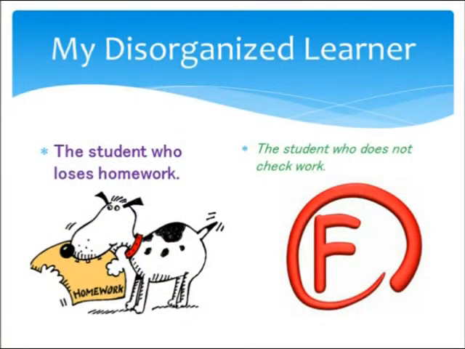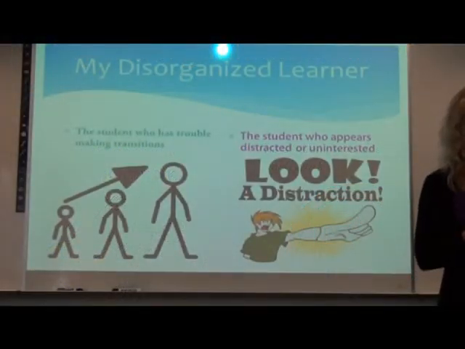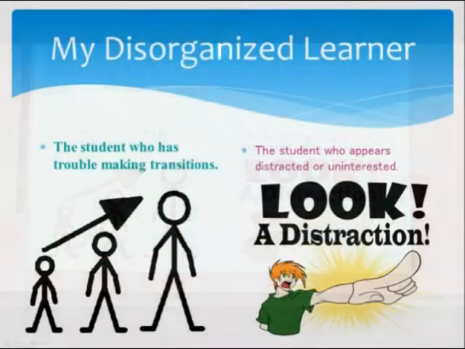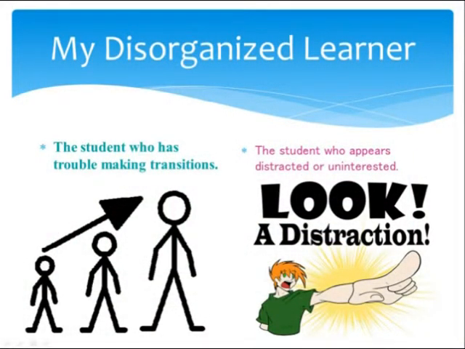My student is the one who loses their homework, the student who does not check their work before passing it in. My disorganized learner is the student who has trouble making transitions, or the student who appears distracted or uninterested.